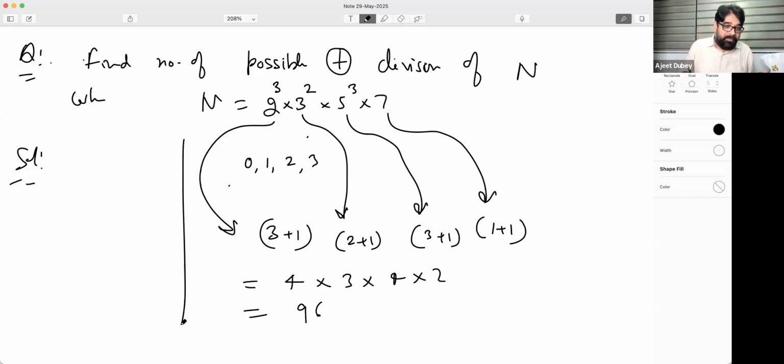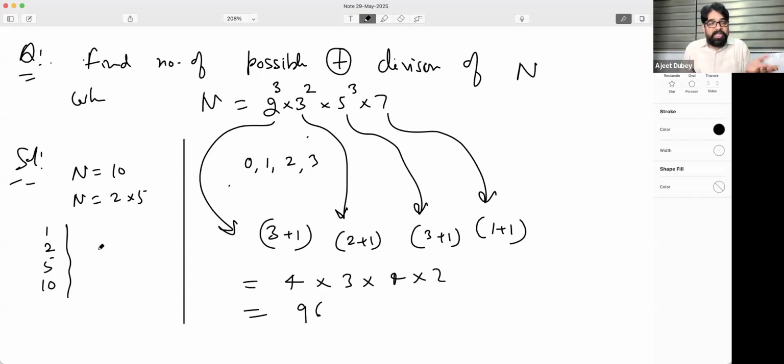Let me show you by a breakup way. Suppose somebody asks you how many possible divisors of 10, which you can do manually also. How will you do it manually? You'll say n is 2 into 5. So the possible divisors: 1 can happen, 2 can happen, 5 can happen, and 2 and 5 together can happen. These are the 4 possible divisors, which we can also find logically another way. The possibility of 2 is what?